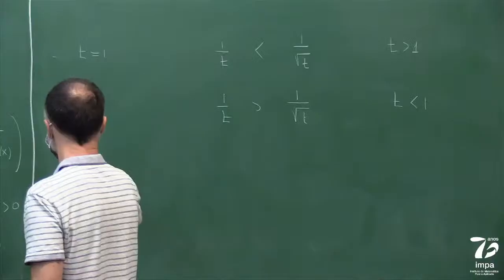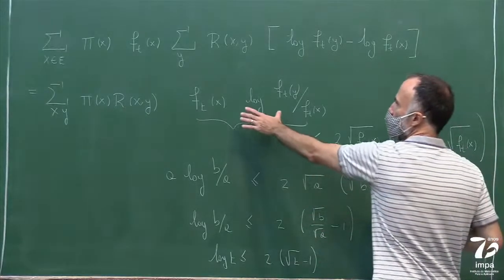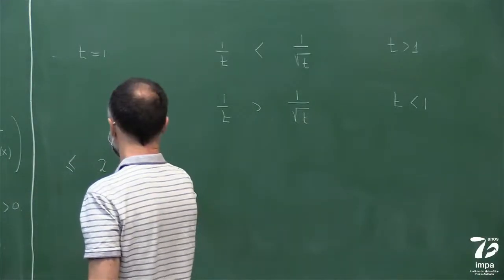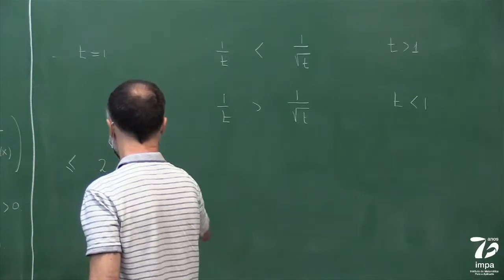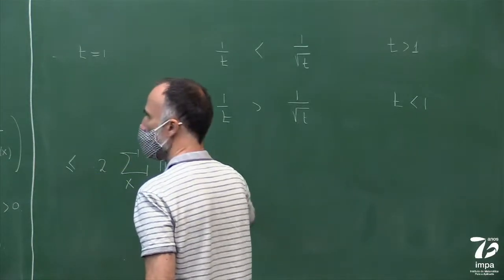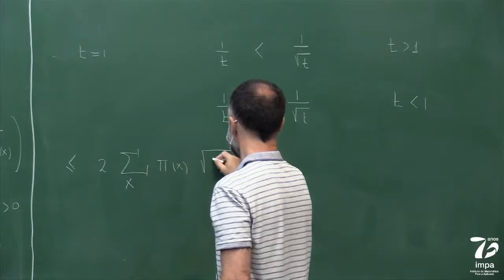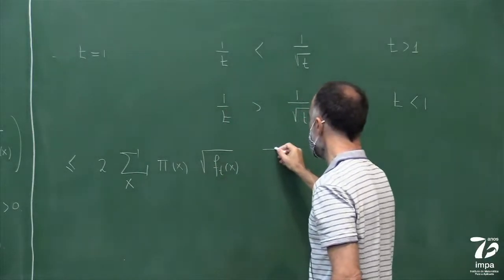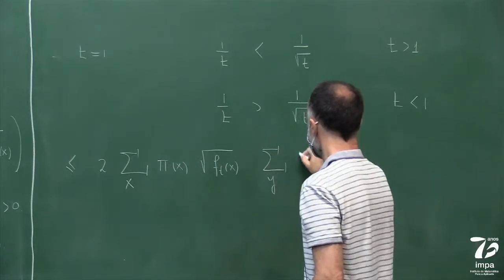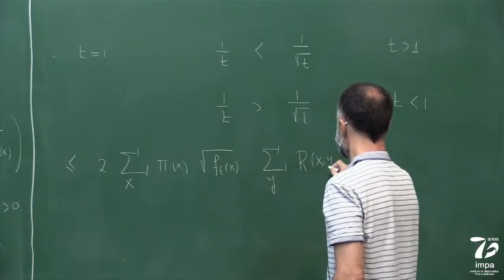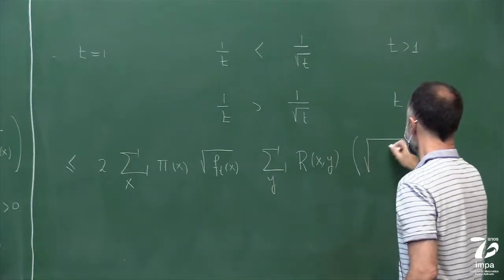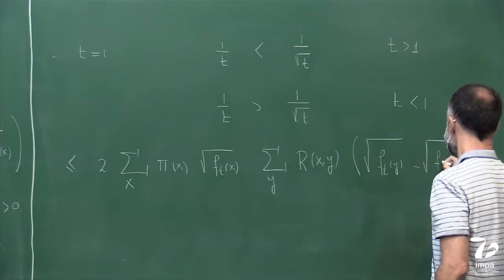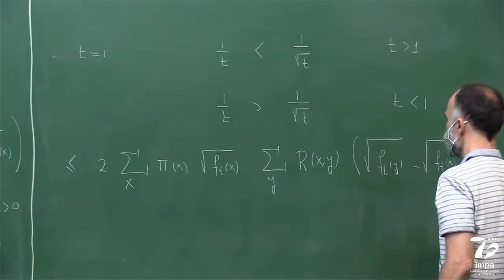So let me replace this expression by this expression. So this is bounded by 2 times the sum over x of square root of f_t(x) times the sum in y of R_xy times square root of f_t(y) minus square root of f_t(x). Okay?